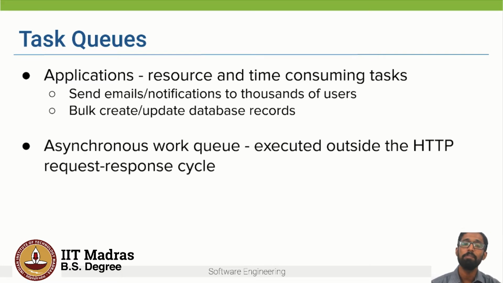This can be done using what is known as an asynchronous work queue. It is asynchronous because it is executed outside the normal HTTP request or response cycle. So let's say we want to send an email to a user.